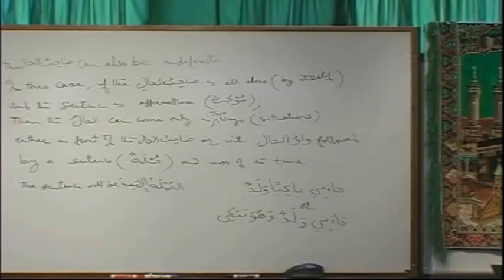So, an yakun al-Halu ba'dahu jumlatan makrunatan means connected with waw. After the Sahib al-Hal, waw al-Hal will come, and then we will have a jumla.